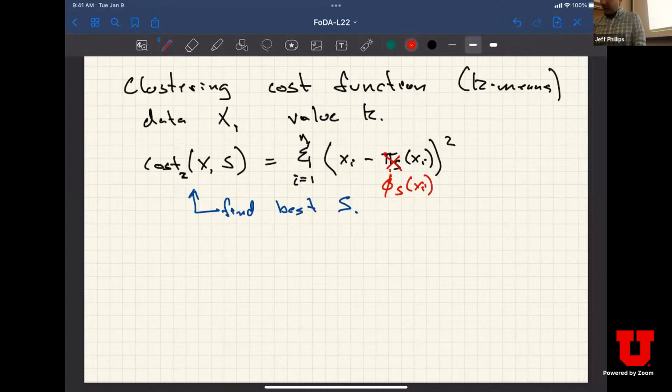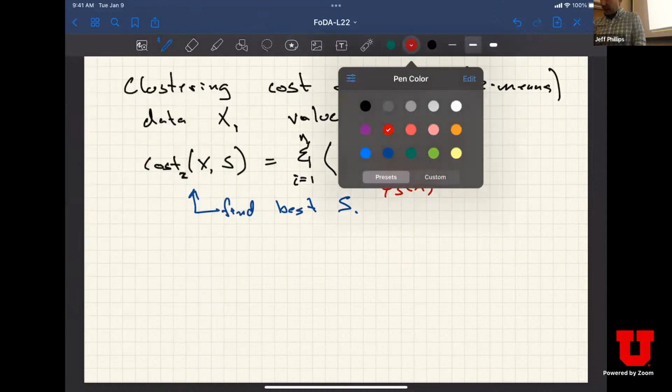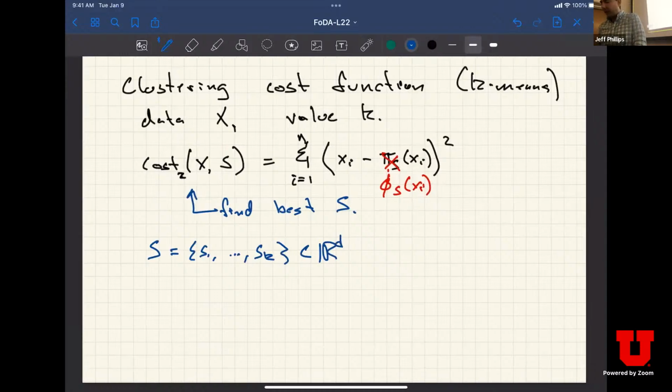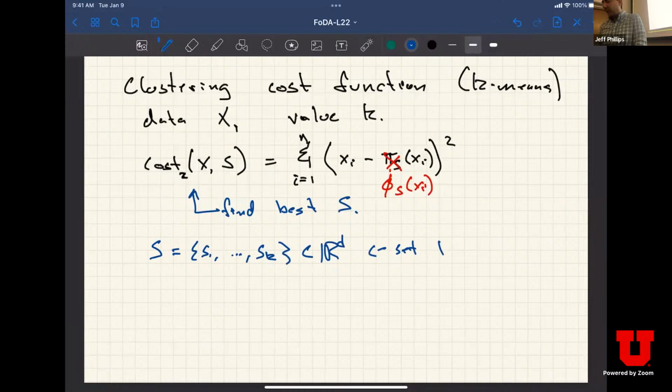Our S is going to be S1 up to Sk. This is where the k parameter comes in. This is going to be a set in R^d. So this is a set of k sites, which are basically points in R^d.